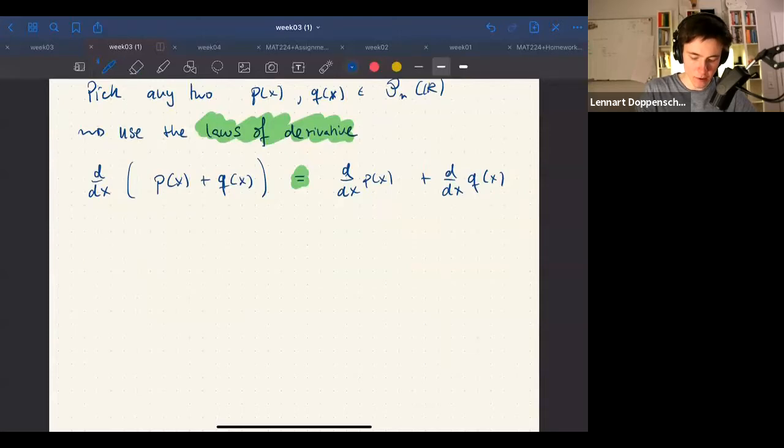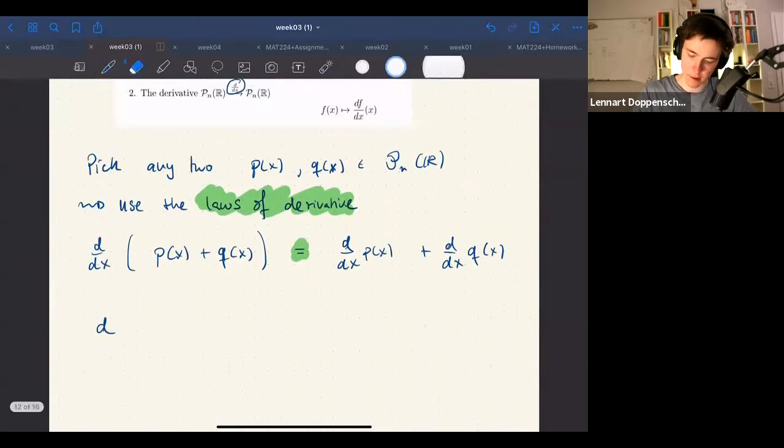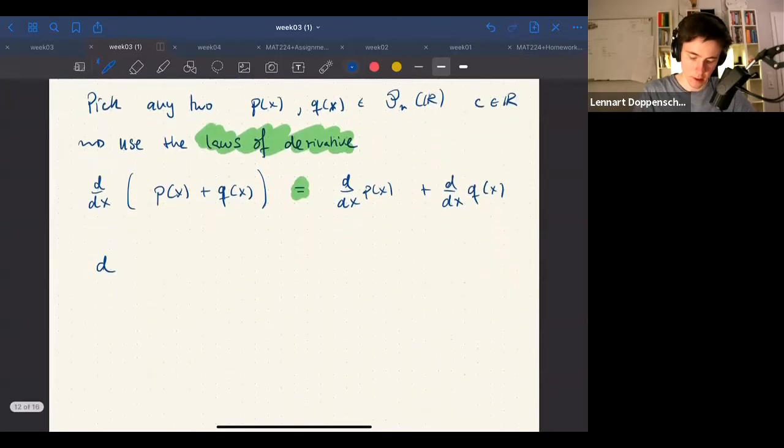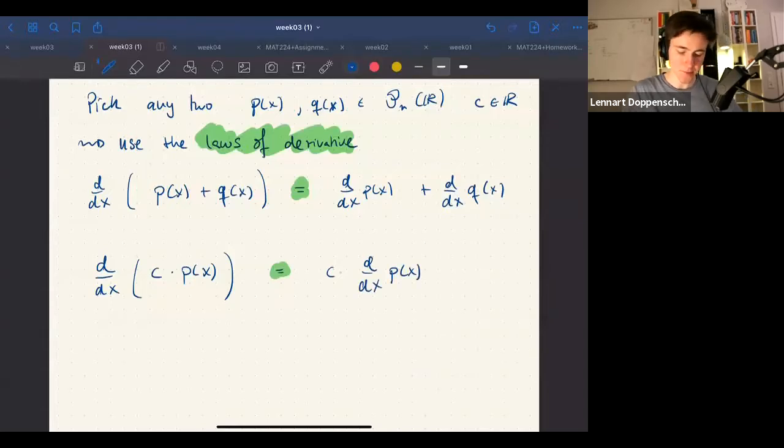And you've also learned that if you have C, a real number, times a polynomial, then the constant doesn't change with respect to x. So when we take the derivative, this is another rule that you've learned. This will be C times d by dx of p.